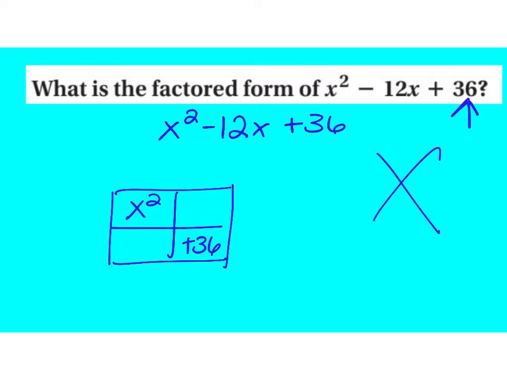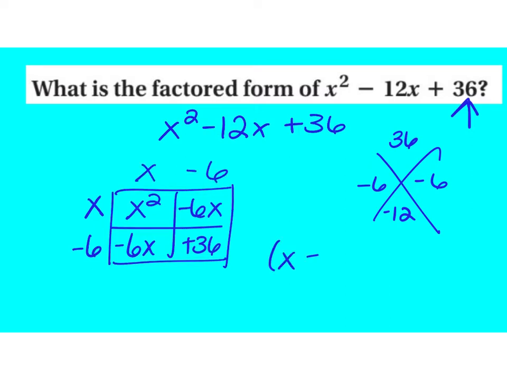I need a product of 36 and a sum of negative 12. So factors of 36 would be a negative 6 and a negative 6 to give me that total of negative 12. So this would be a negative 6x and a negative 6x. When I go to factor out my rows and columns, I see I have x minus 6 and x minus 6.